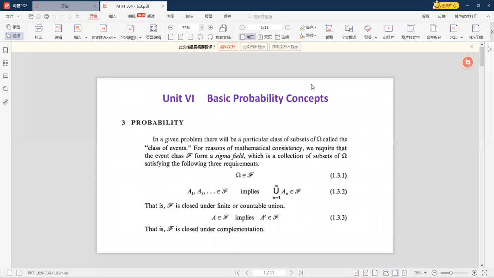Let me just share the screen. Can you see the screen? Yes, I can. So section 3 is called probability, which is the main topic for this unit.